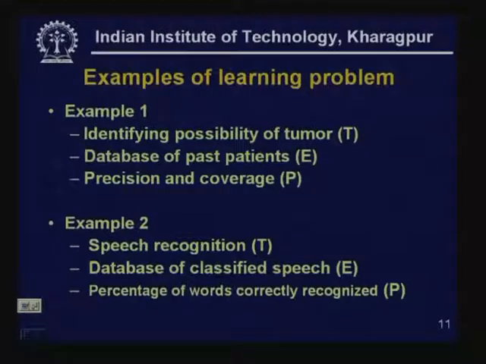The second example, let us say that our task is to recognize speech. So, the machine should be able to hear, let us say, me speak, and it should be able to recognize the speech and take dictations. So, in this case, what can be used as experience is a database of speech which have been already recognized and their transcripts are available. So, we have speech and their transcripts that constitutes the experience, and as a result of this experience the system should be able to learn.